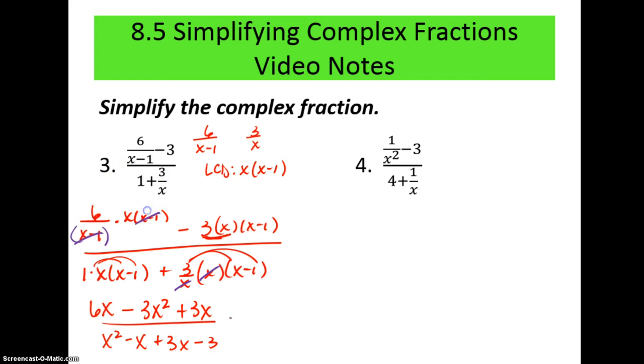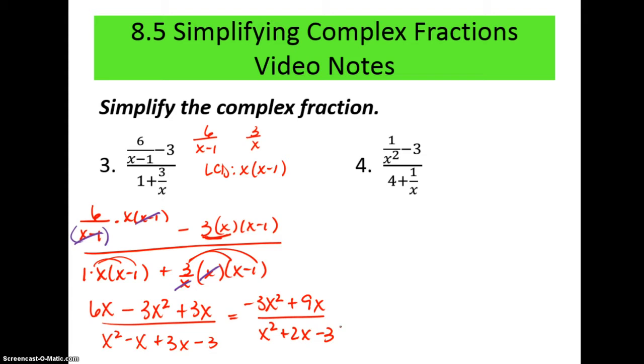My last thing here would be to clean up any like terms that I have. So I have a negative 3x squared plus 9x over x squared plus 2x minus 3.